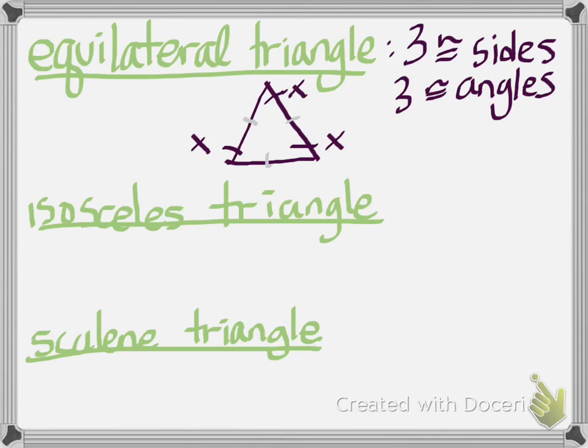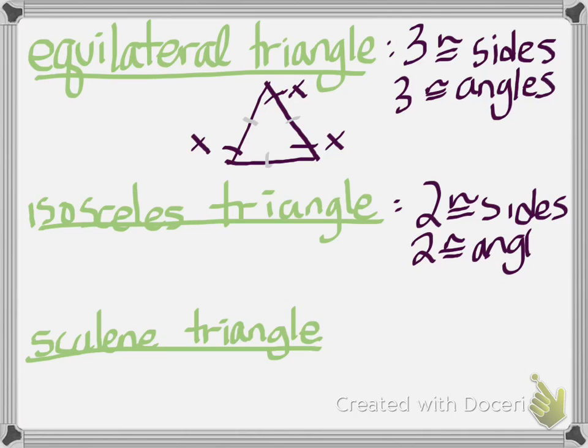An isosceles triangle has two congruent sides and two congruent angles. So this one and this one would be congruent, and these sides are congruent.